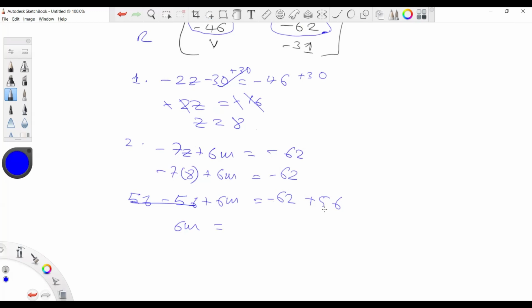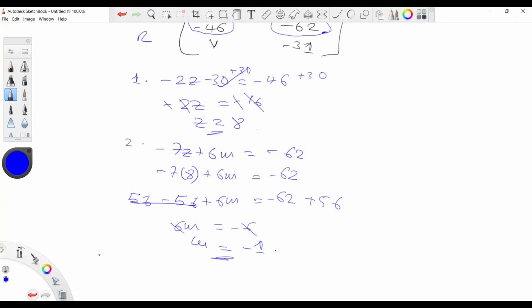So 62 minus 56 is 6, so we have -6. So we divide both sides by 6, so we have w is equal to -1. That's our second answer. We have one more to go.